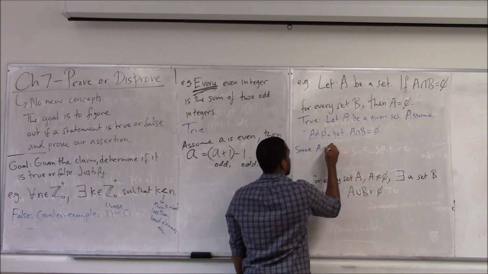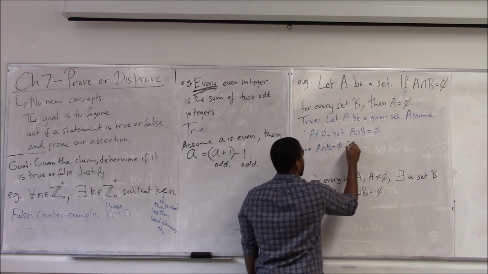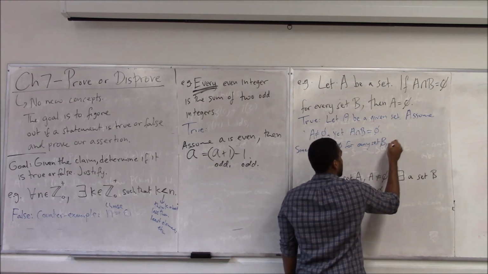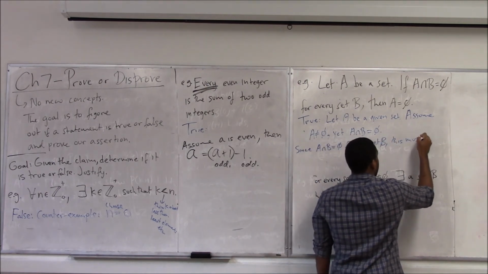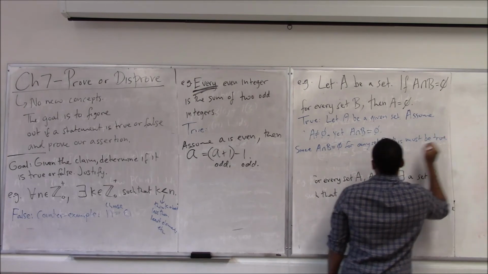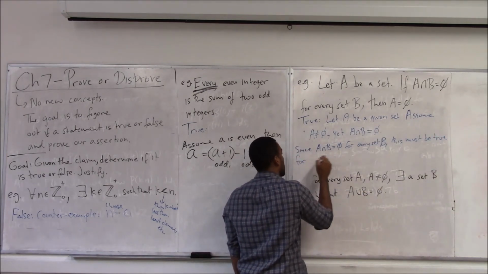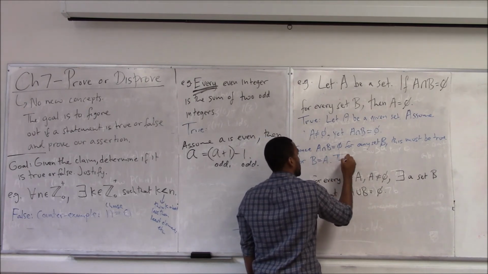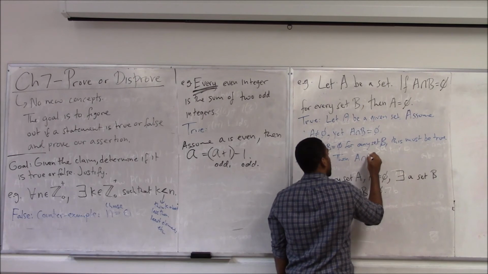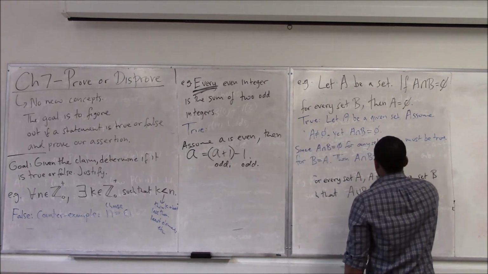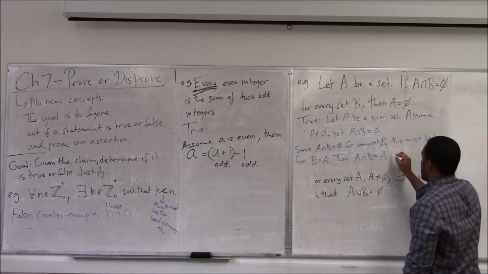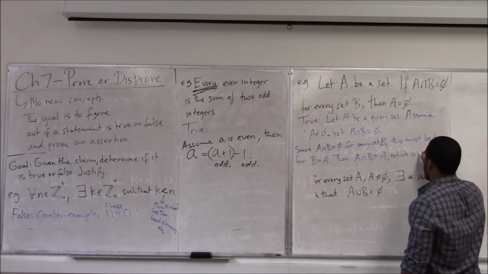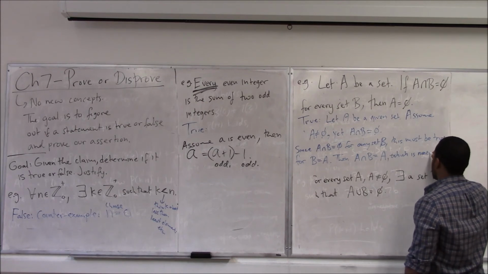Since A intersect B is empty for any set B, this must be true for B equals A. But then we have A intersect B is equal to A, which is non-empty.